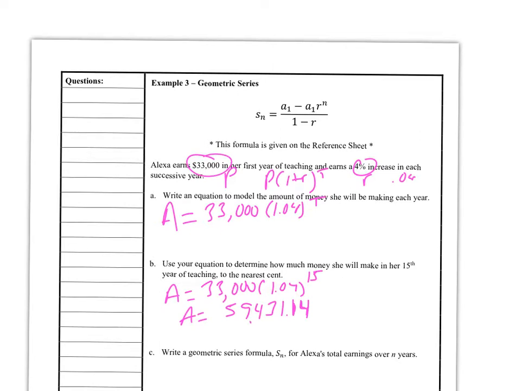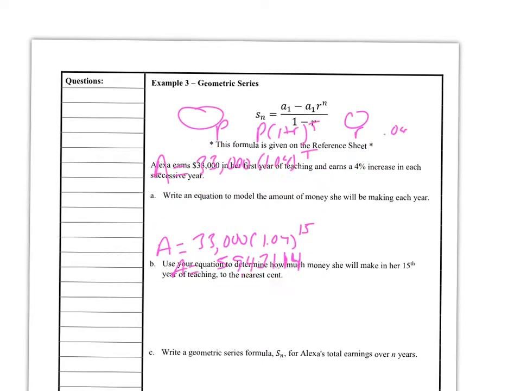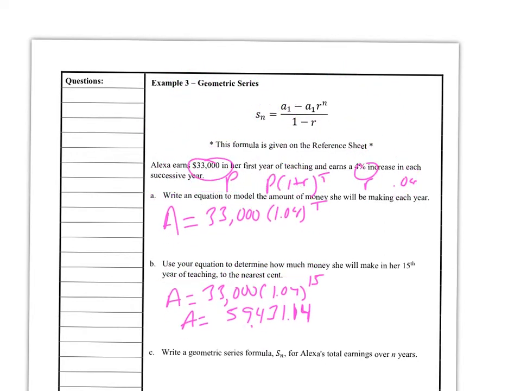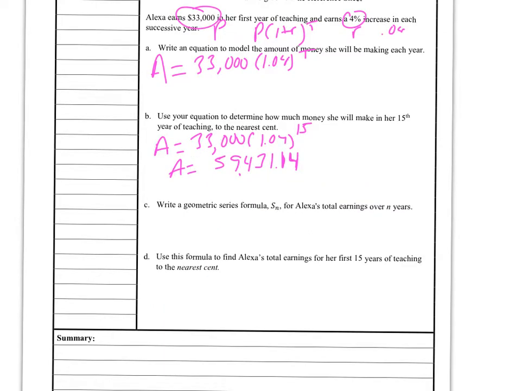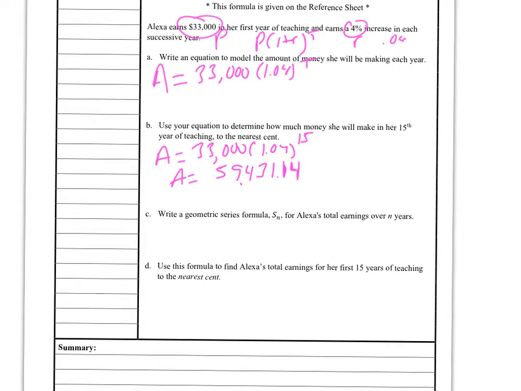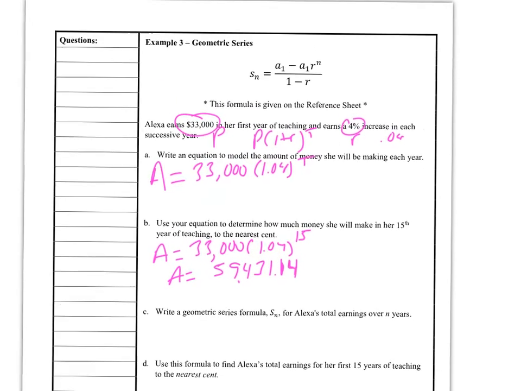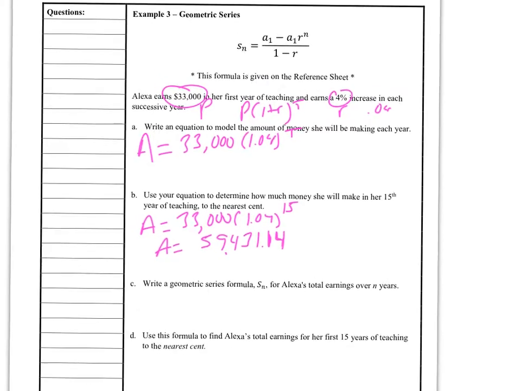Now it says part C, write a geometric series. Well, the geometric series is as simple as plugging in. A sub 1 is your starting, your initial amount. So in that formula up above, A sub 1 is our 33,000.